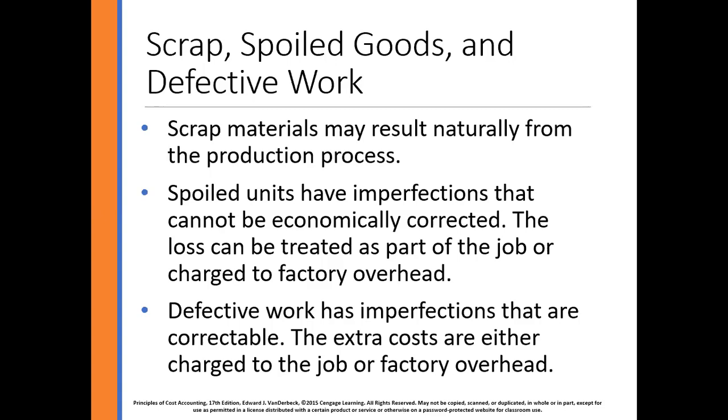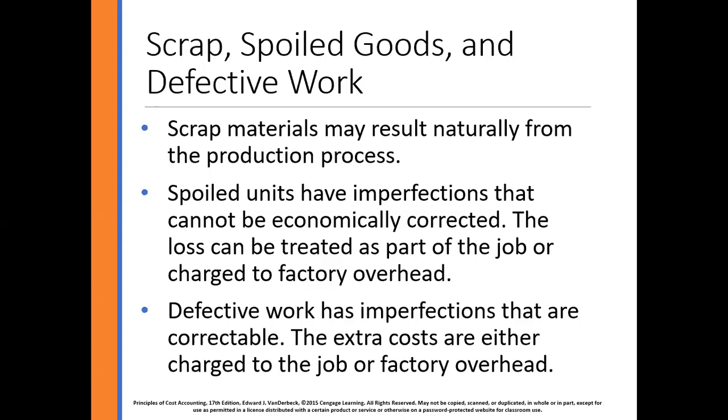So how we deal with those journal entries depends on how valuable the scrap materials are. If it's an immaterial amount, there's a way we deal with it versus if it's a larger material amount. Spoiled units are units that have imperfections that cannot be economically corrected.